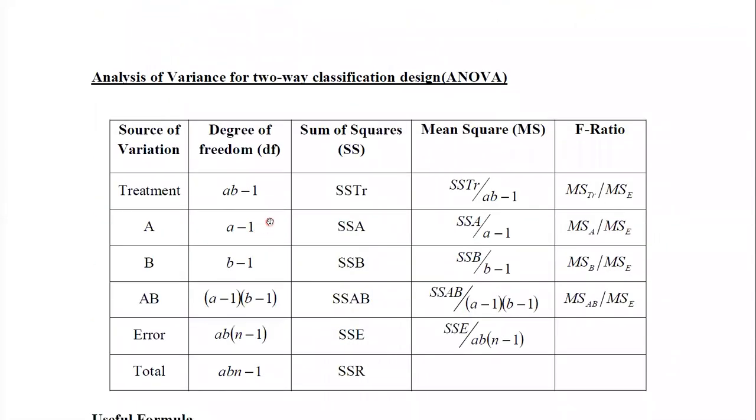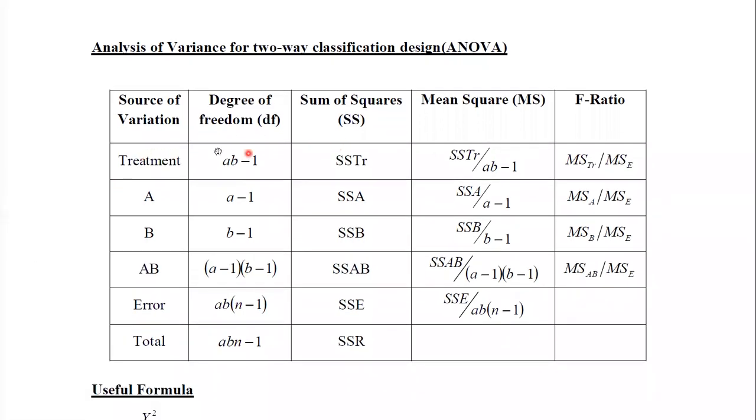This is the analysis of variance or ANOVA table that we use to test the hypotheses using the two-factor factorial design. Here you can see that when we construct this ANOVA table for hypothesis testing, previously we had just treatment, error and total, and now main factors.